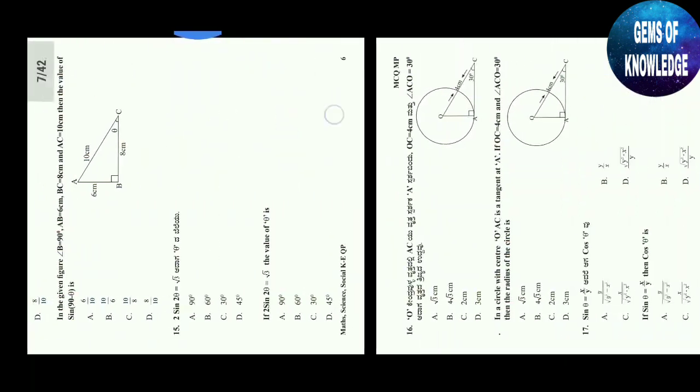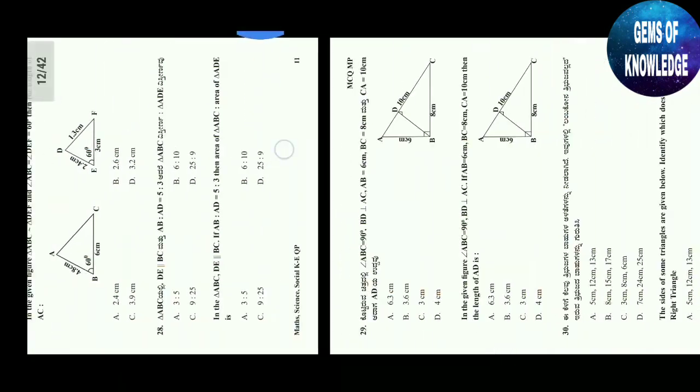As you can see here, the model paper is based on 40 marks for each question paper. The first part they have given is mathematics, and we are going to solve the science paper today. So let us go to the science question paper. Four choices have been given and you have to find the exact answer.